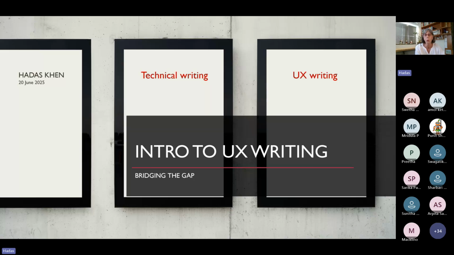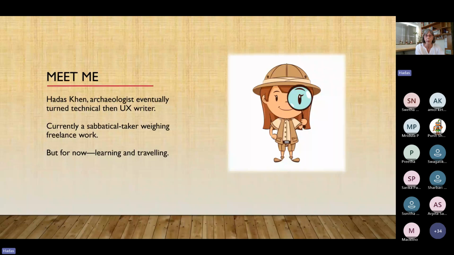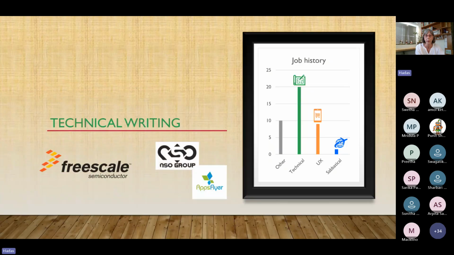And I'll just give a few words on how I came to be a UX writer. Instead of digging into the earth, you might say, I chose to dig into products, discover their secrets, and share them in documents. Like many of us, I started in completely unrelated fields, and it was basically just circumstances that brought me to writing.